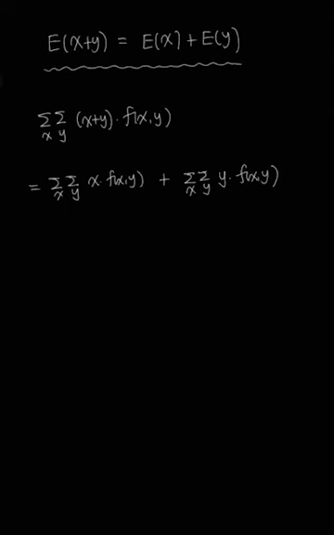And in the previous video, we learned that when those two events are independent of each other, we can write the probability that A and B occur as the probability of A times the probability of B. In this case, x and y instead of A and B. So we will use this here because we know that x and y are independent.